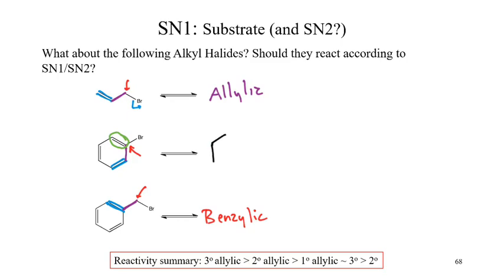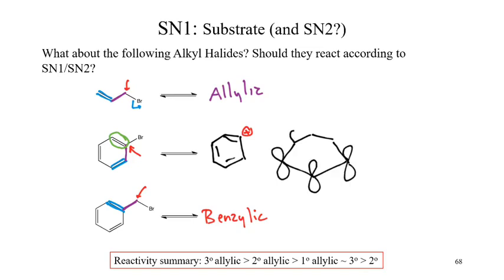If we try to draw this out and say the leaving group left, we end up with a positive charge at this carbon, and students will ask, well, can I do resonance? No, because to do resonance you have to have overlapping p orbitals. There aren't overlapping p orbitals because the p orbitals of that benzene structure, if we take this and rotate it up out at us, are the p orbitals of the pi system.